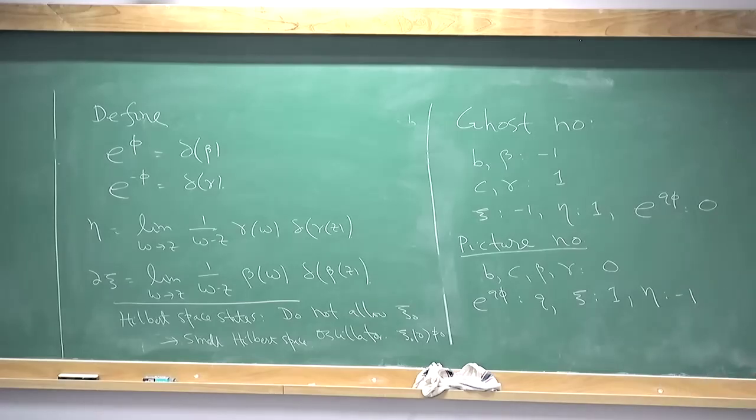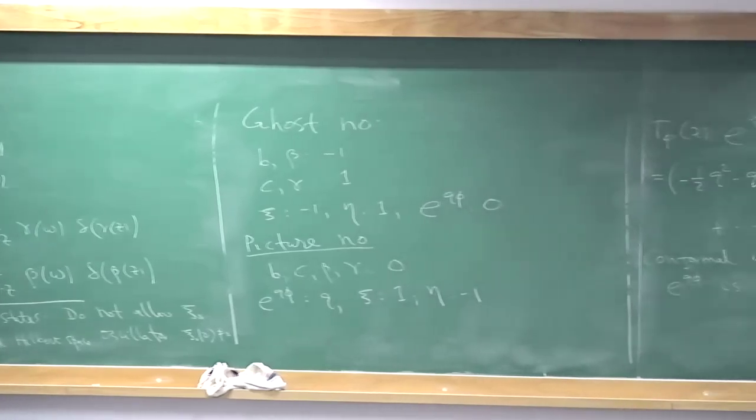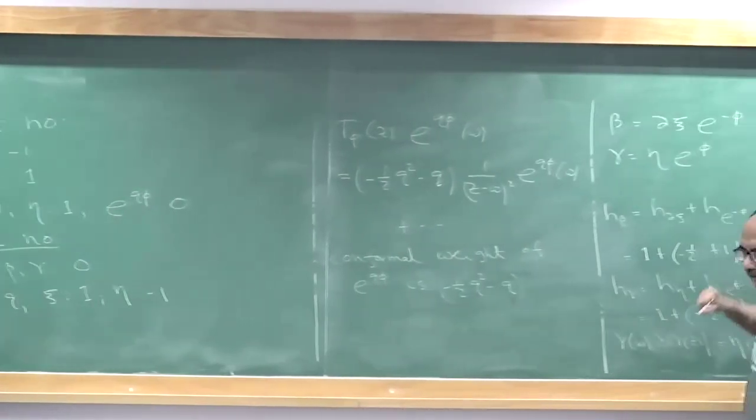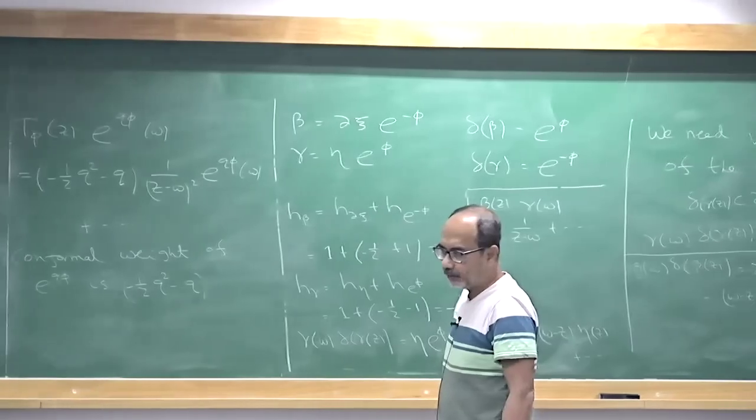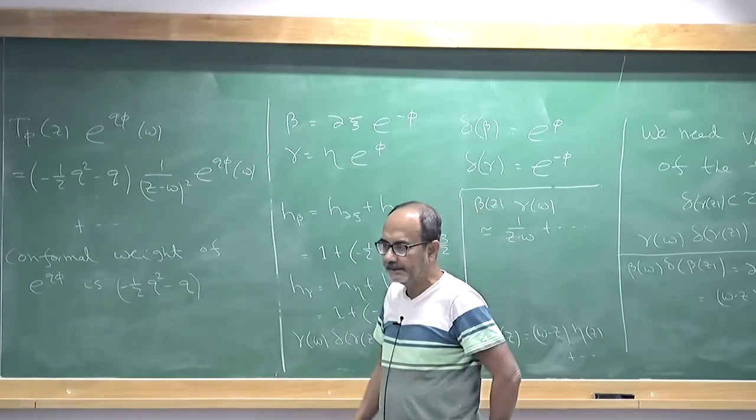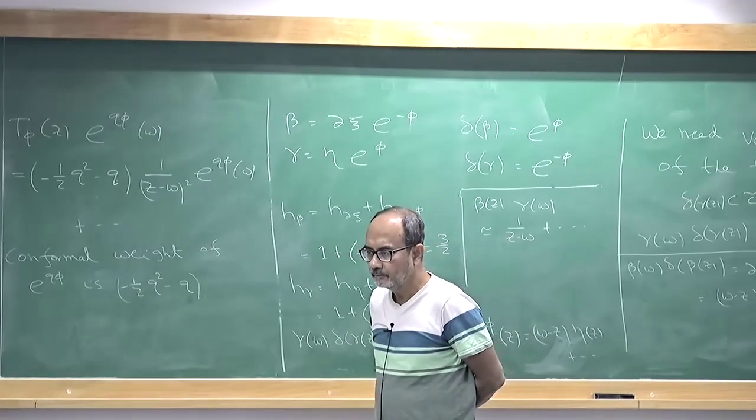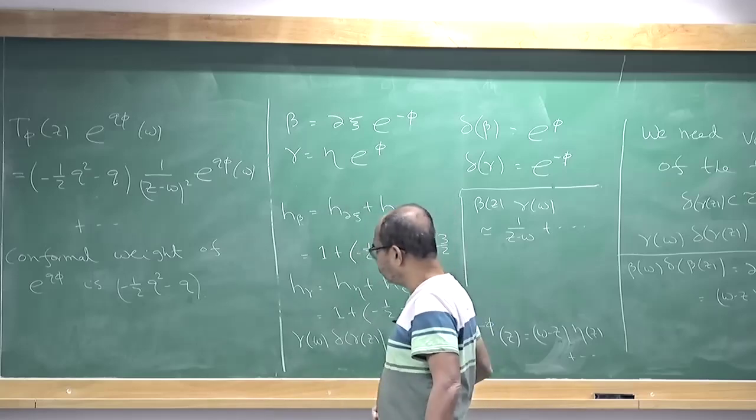Because e to the phi with e to the phi would have a singularity, but eta with eta would have a zero, right? So gamma squared is basically del eta times e to the 2 phi, that operator, up to a sign. Del eta e to the 2 phi.